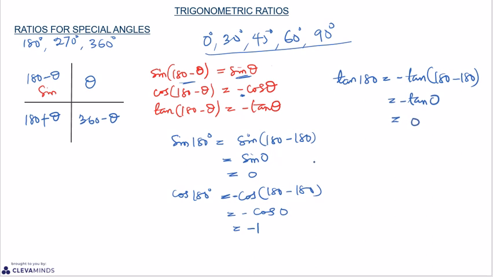So what have we deduced? We have been able to see that sine 180 degrees is 0, cos 180 degrees is negative 1, and tan 180 degrees is 0.